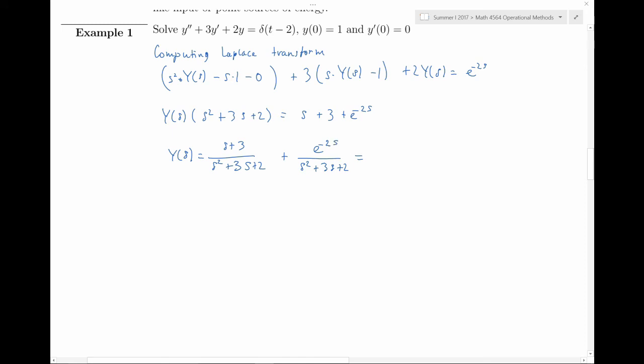I keep these two terms as separate fractions because later on the second fraction is going to give us an expression that's going to be shifted by 2 units. The next thing we need to do is to compute the partial fraction decomposition. For that we need to factor out the denominator.